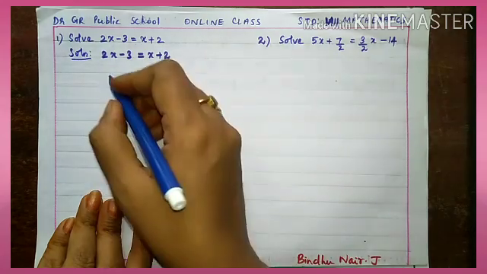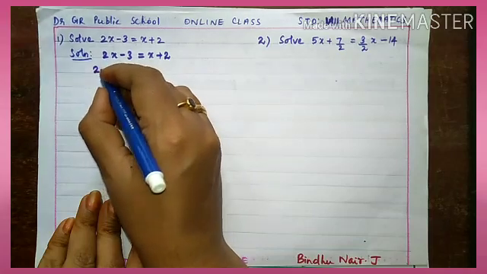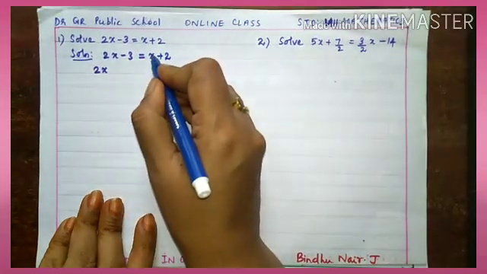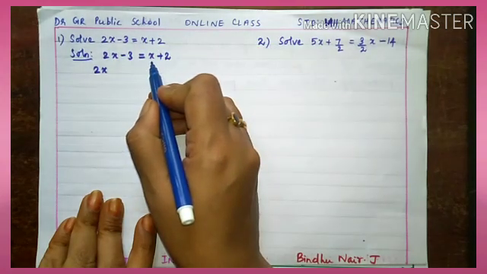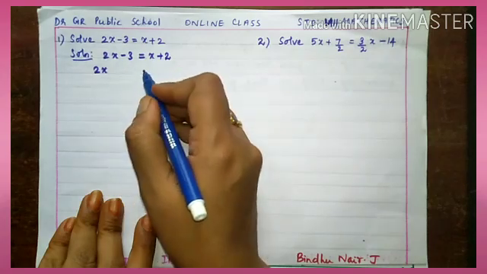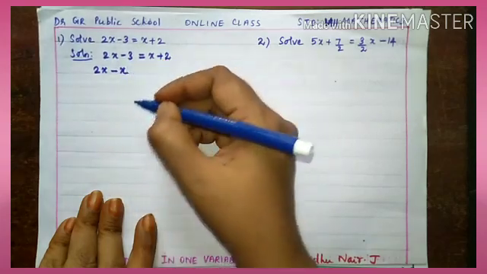What is the next step? We write 2x as it is, and this x term we transpose to the LHS. What is the sign of x here? Positive. When it is transposed it becomes negative, so minus x.